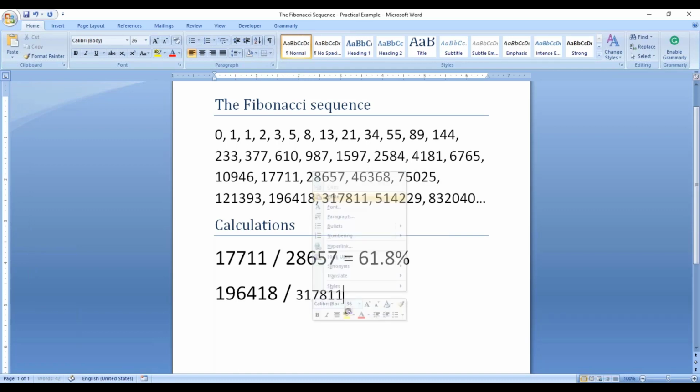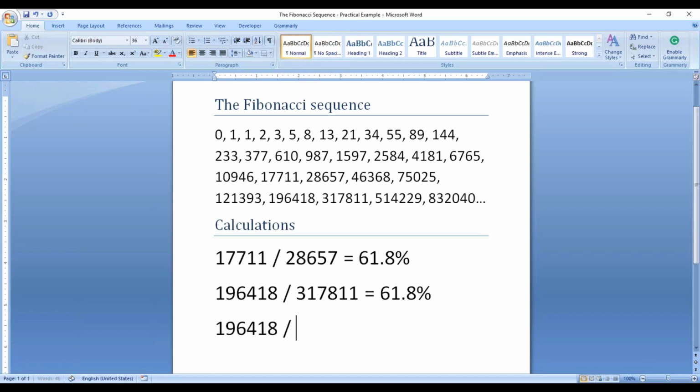Right? I assume that it gets clearer to you. 317,811, 61.8% approximately. And now I'm going to use the same first number, 196,418. Here it is, and I'm going to divide it by the number that stays 2 positions to the right.